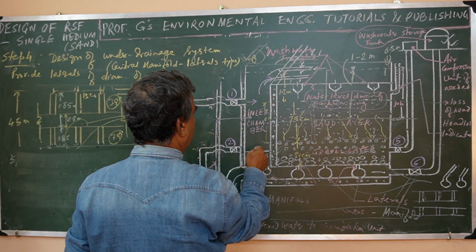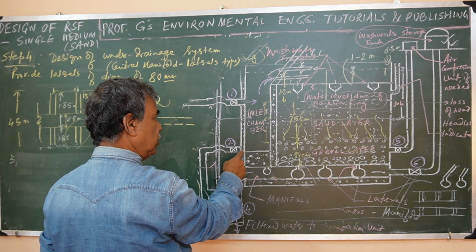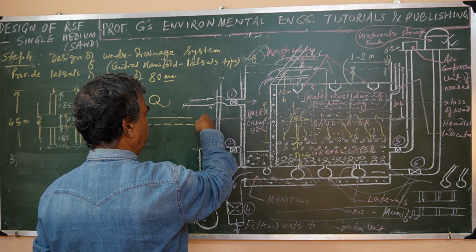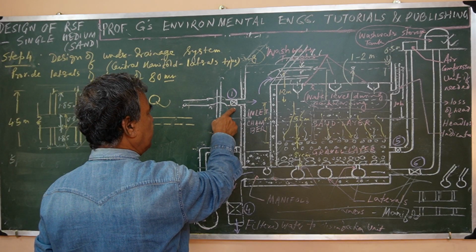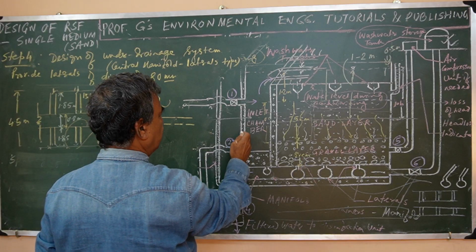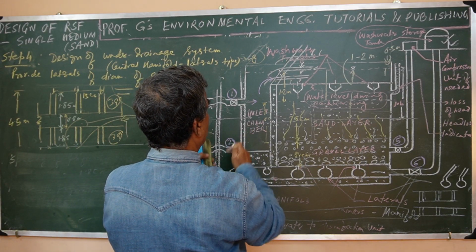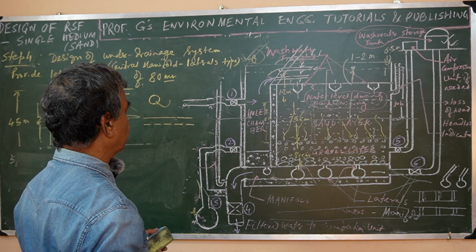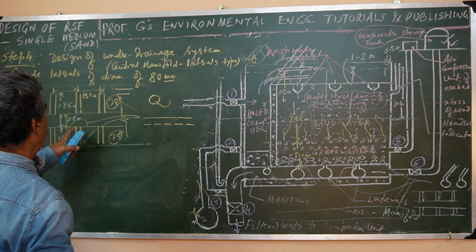This will be collected in this line, so that must be put at the bottom, while the water supply from the preceding unit, the entry of water into the filtration system, should be at a much higher level, so that cross contamination does not take place. So this is one arrangement, but here we have placed it at the middle.